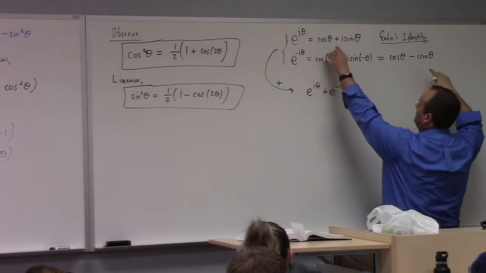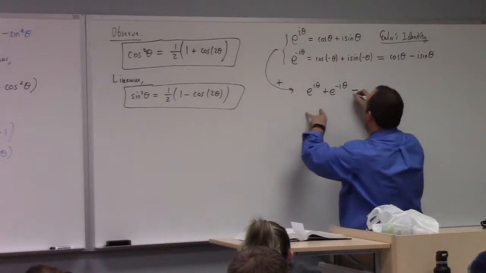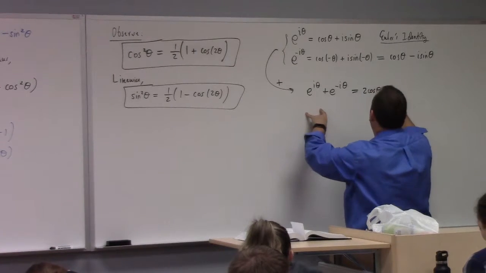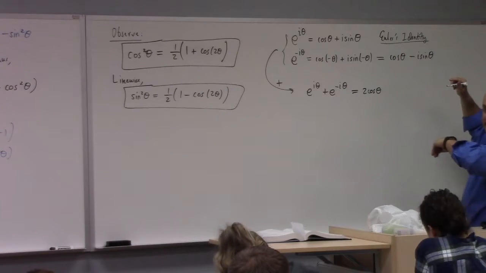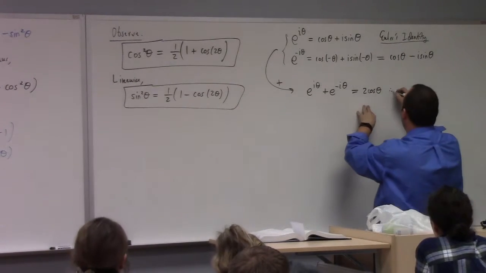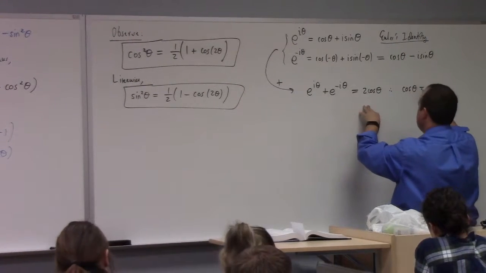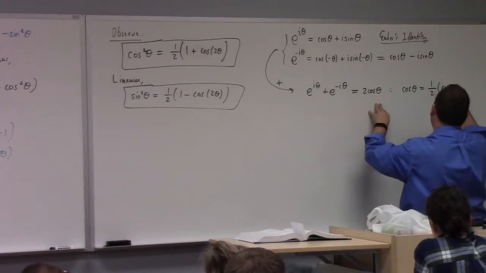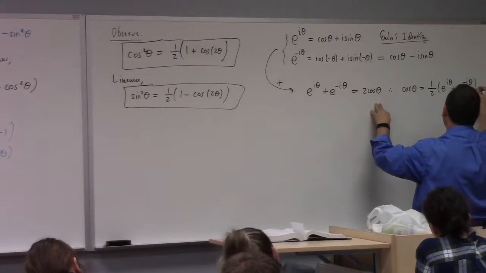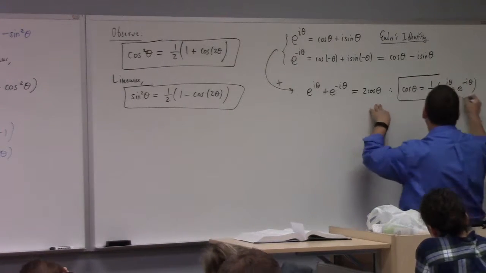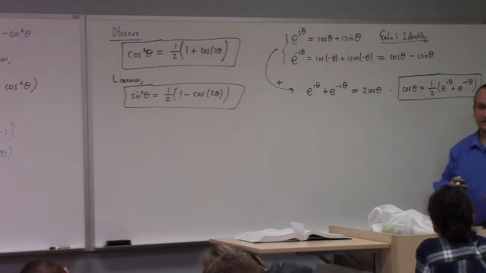We get what? 2 cosine theta? But how about the sines? They cancel, right? Exactly. So this gives us a formula: cosine theta is 1/2 times e to the i theta plus e to the minus i theta. This is how we can express cosine in terms of imaginary exponentials.